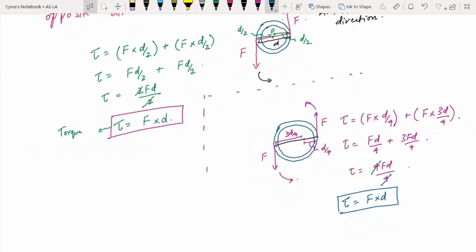the answer is the product of one of the forces and the perpendicular distance between the two forces.